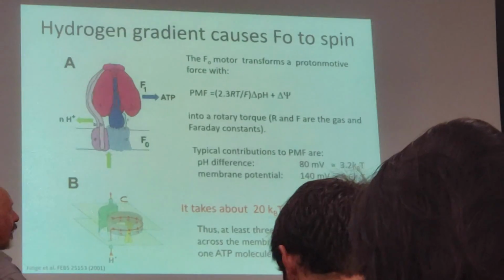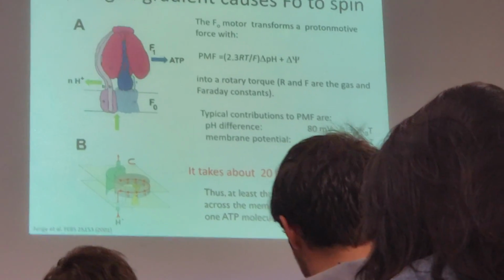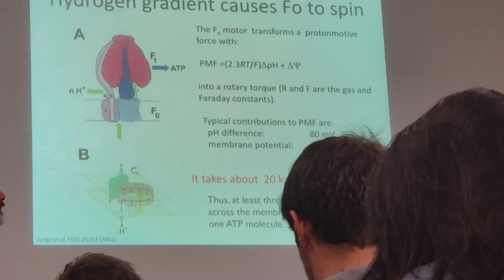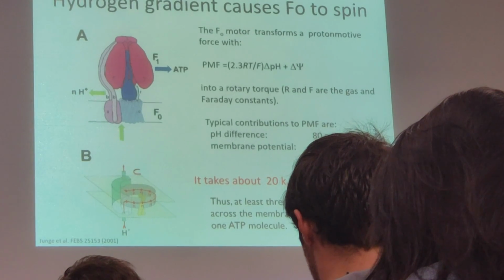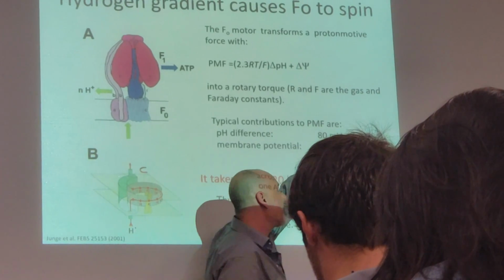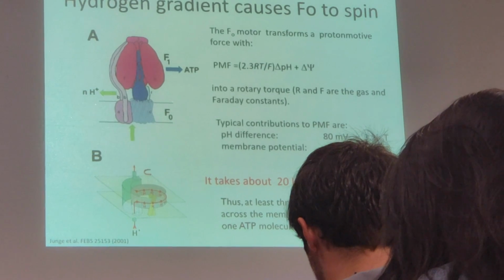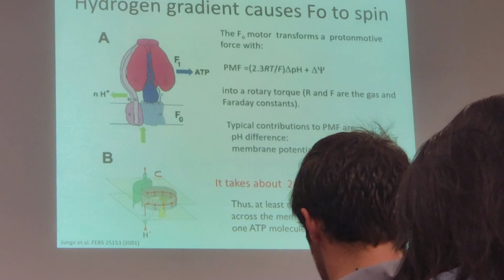The question is, how much do you need? And how much energy do I get out of this ultimately? So I can calculate it. I can calculate the pH difference from the outside to the inside compartments. That's usually calculated at about 80 millivolts. And with any of these, a useful way to convert energy, since millivolts is kind of awkward, is in terms of the Boltzmann factor, in terms of kBT. So if I do this, and I can show you how to do this later, I can convert the energy contribution of the pH difference to about 3 kBT.